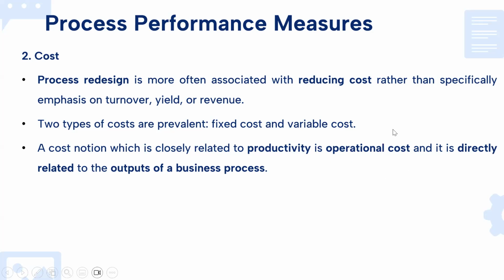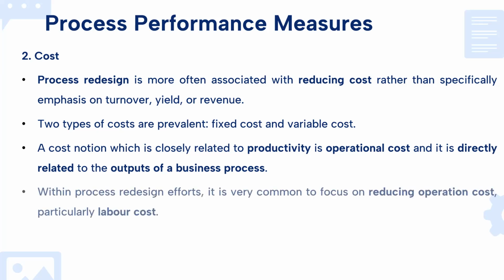This operational cost has a high influence on productivity. It's directly related to the outputs of a business process. So if we reduce the operational cost by redesigning a particular process, we can ultimately reduce the cost related to that process.